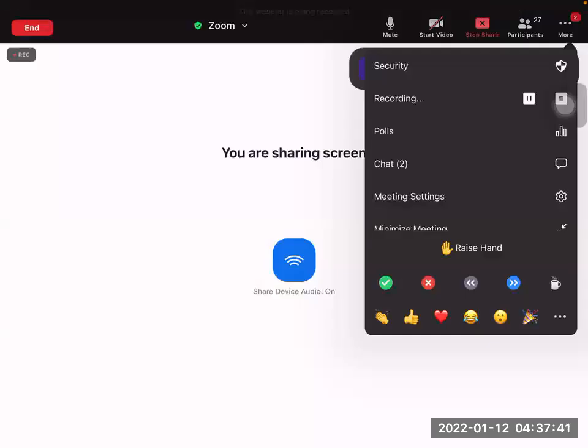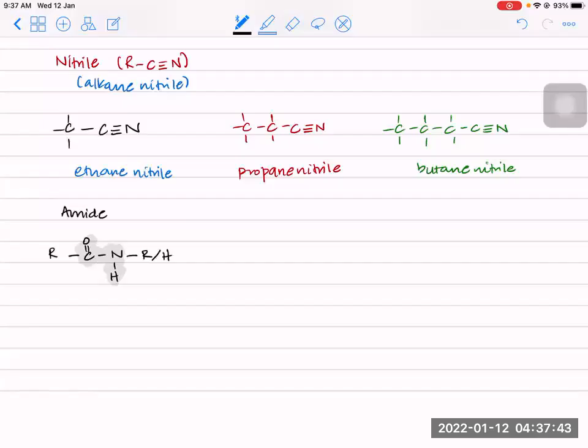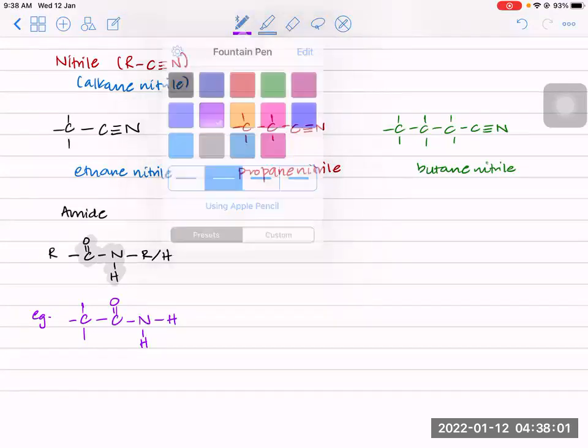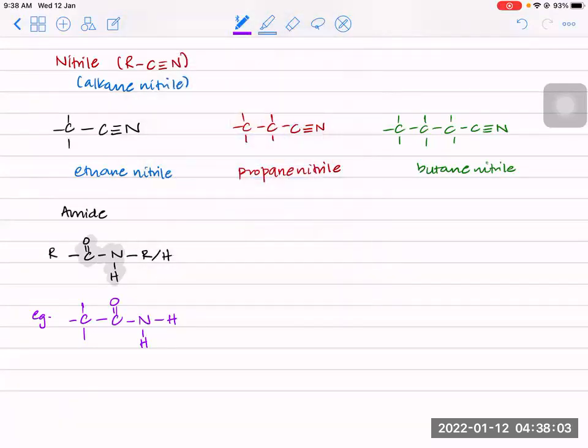Now let's see naming of amides. So let me take an example. Let's take a CH3, C double bond O, NH, and another H. So this right here is a 2-carbon amide. Do you see you have 2 carbons in the amide linkage?